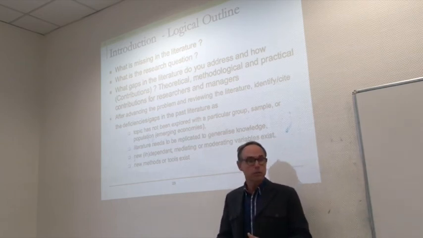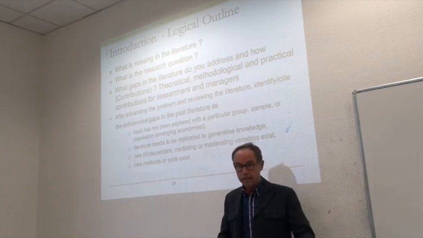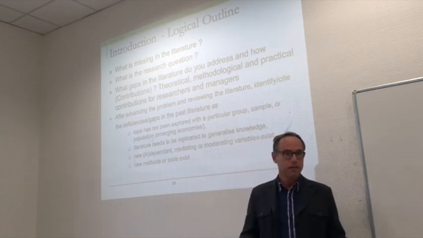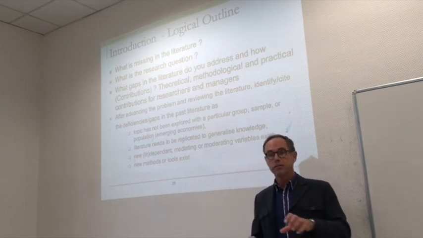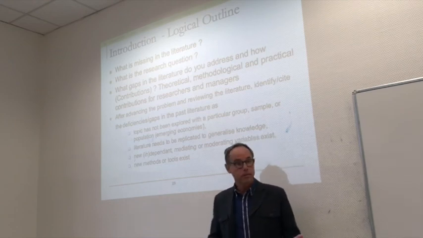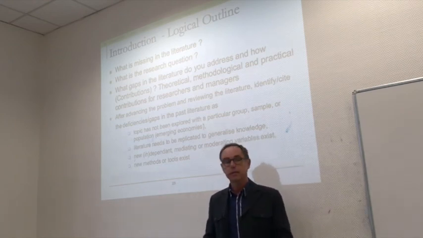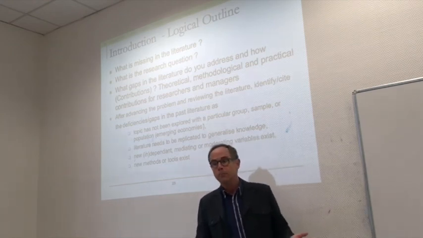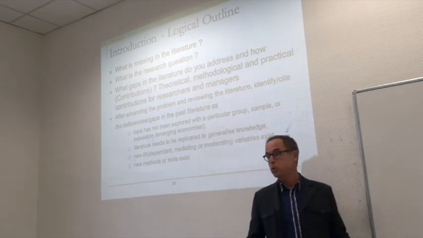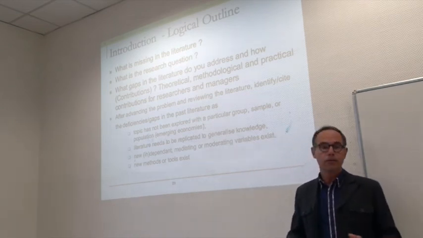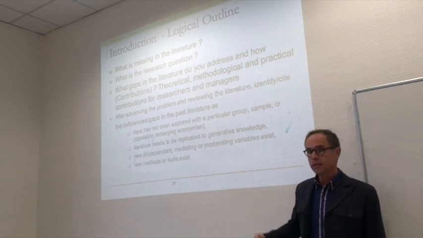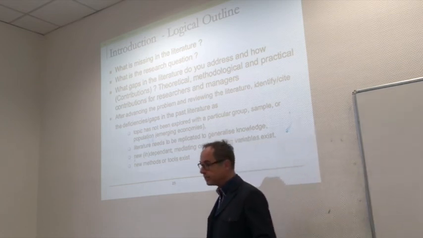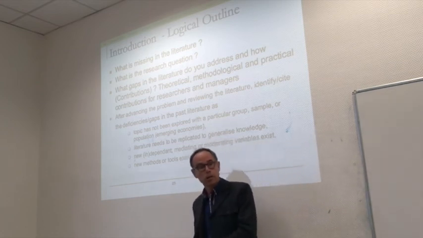You can also introduce new dependent, independent, mediating or moderating variables in your model, or new methods or new tools. So show clearly your theoretical, methodological, and practical contributions for researchers and managers, and show how your study will remedy or address the deficiencies for academia, practice, policy, or companies.